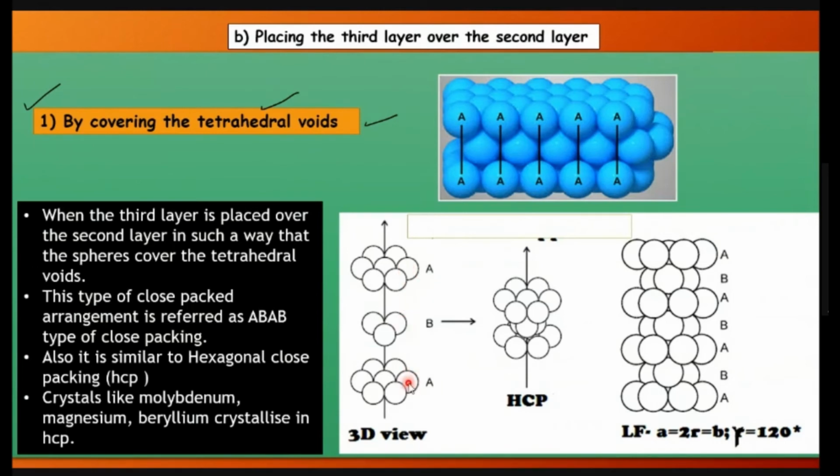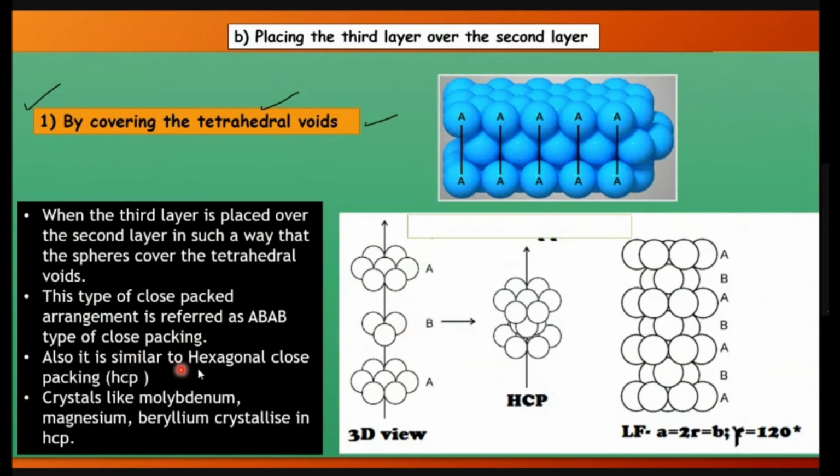So I'll call them A type of layers. The second layer, which is right in between the first and the third layer, is a completely different layer. So I'll call this second layer B type of layer.